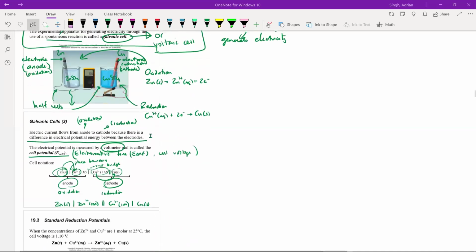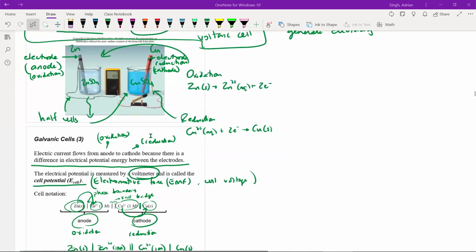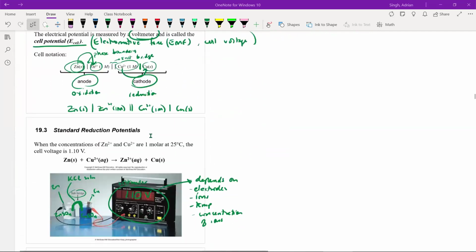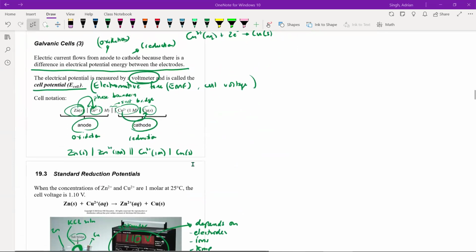One more thing we want to keep in mind: we can set up these half cells and connect them through an external wire with some sort of voltmeter, so we can measure the potential or the voltage for the cell we've just constructed. And we want to keep in mind what that voltage, what that potential, actually means.